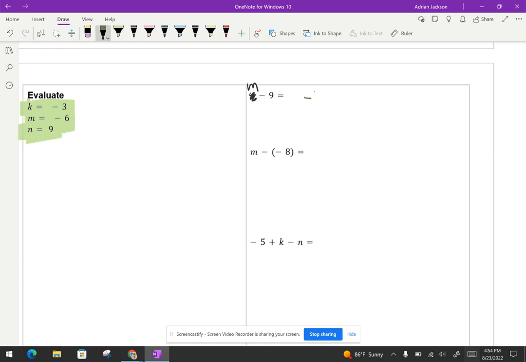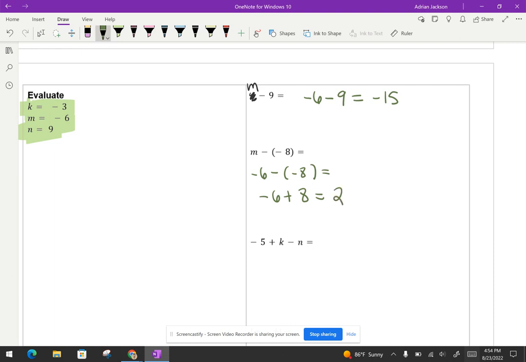So I'm going to have negative 6 minus 9. They're both negatives, so that just gives me negative 15. Now I have M minus negative 8. M is negative 6, so negative 6 minus negative 8. We have a double negative, which means I have to change it to a plus. Negative 6 plus 8, which is 2.